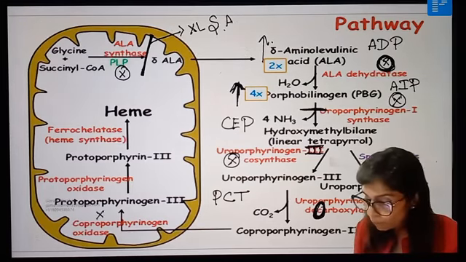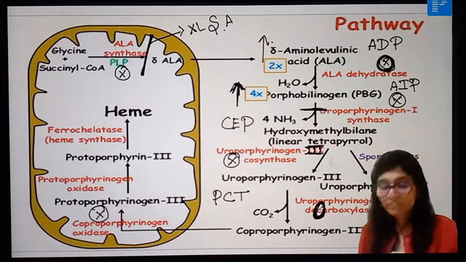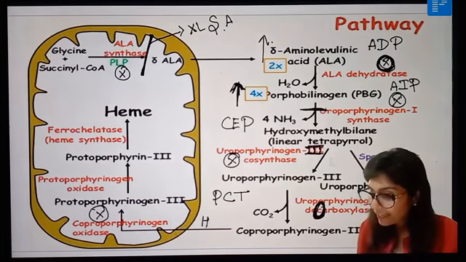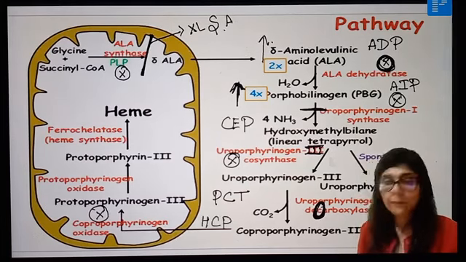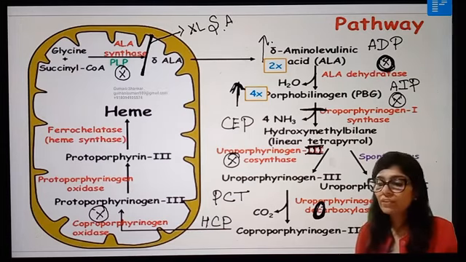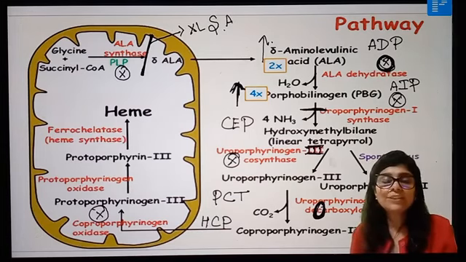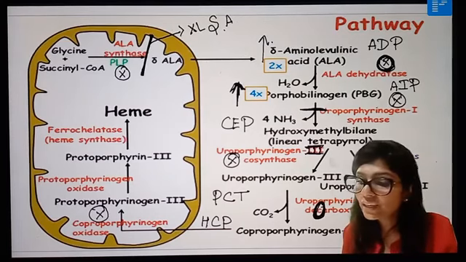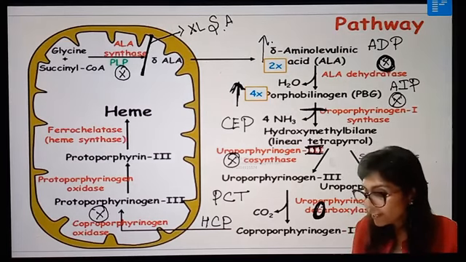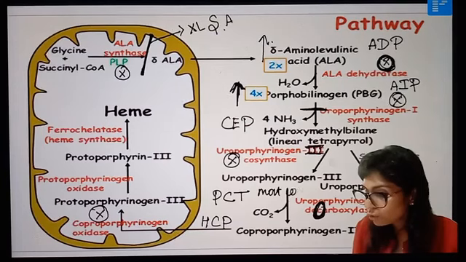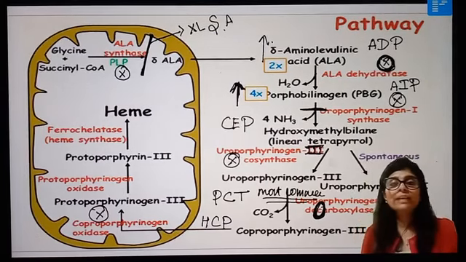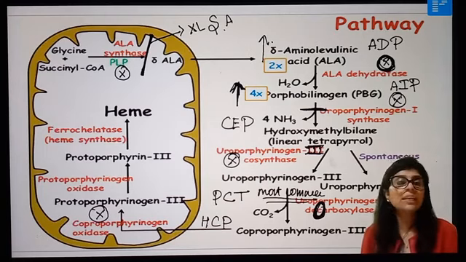When coproporphyrinogen oxidase is defective, it causes hereditary coproporphyria. Very good, Tawfiq Ahmed. Yes, porphyria cutanea tarda is the most common. Which is the most common porphyria? It is porphyria cutanea tarda.